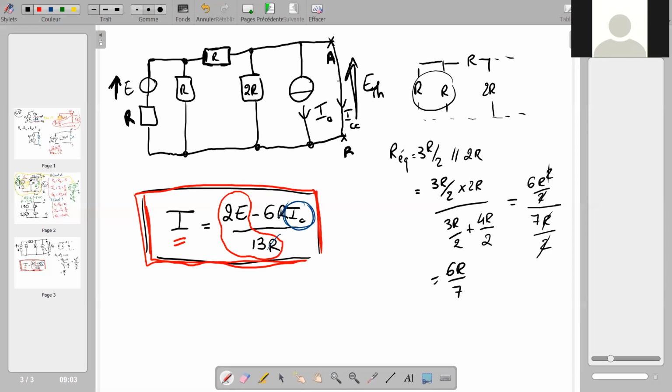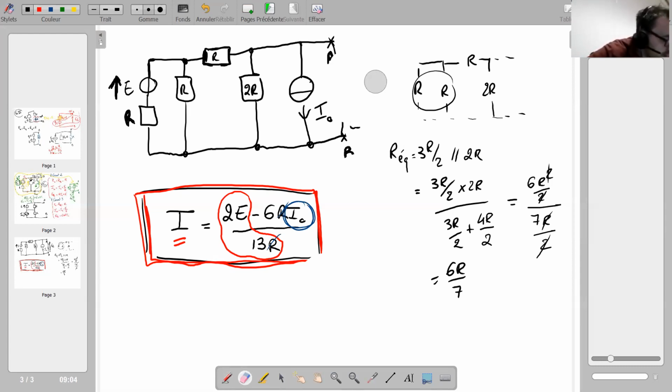You mean applying it from the beginning? Yeah, well, Millman's theorem is finding the potential at a specific point. You're applying it at the point A. Yeah, this is the point A. You can apply it here.